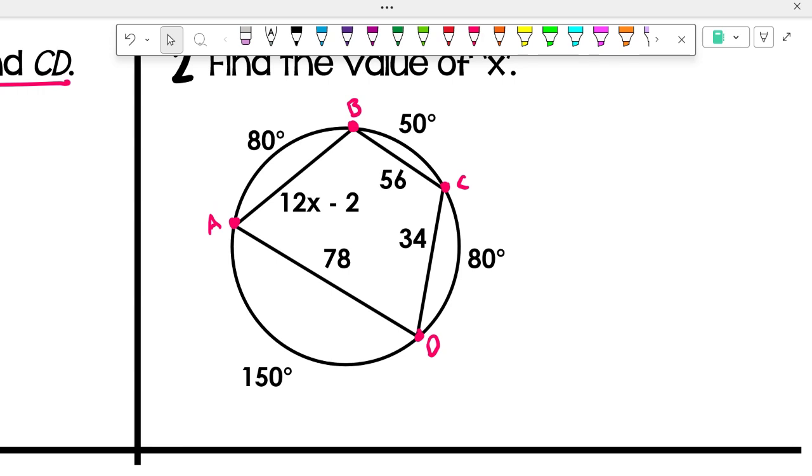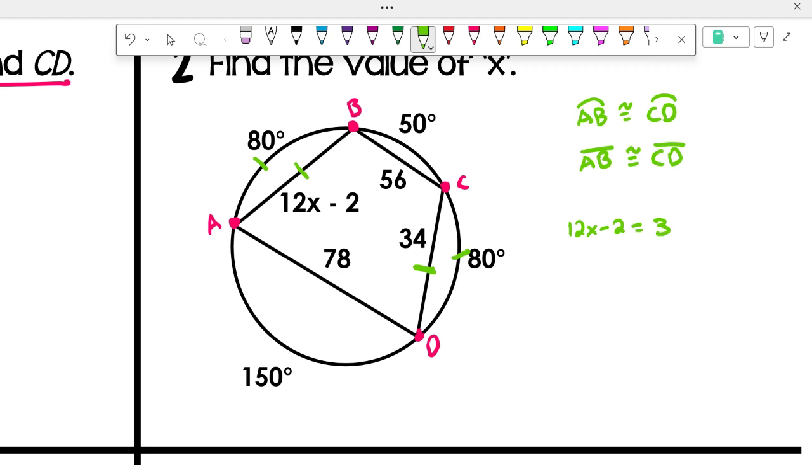There are two congruent arcs on here. AB and CD are my congruent arcs because they're both 80 degrees. So AB is congruent to CD. So what does that say about their segments? They're also congruent. So since these two segments are congruent, what do you think I'm going to do? Set what equal to each other? Right. I'm going to set 12x minus 2 equal to 34.